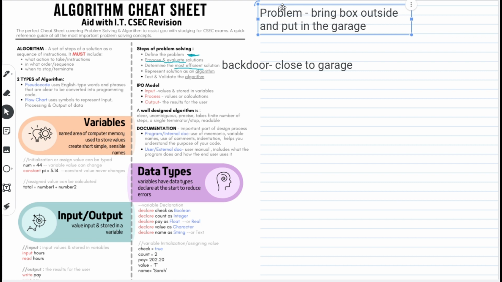So the next step of problem solving is to represent the solution as an algorithm, and we said that an algorithm is just simple step-by-step instruction of how you would solve the problem. So just briefly, tell me how would you solve this problem using the back door? How would you solve this problem, bringing the box outside and putting it in the car?